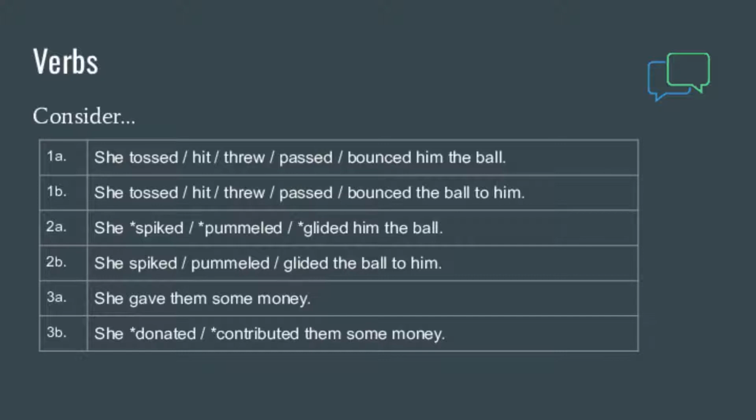You're trying not to, actually. It's more like a manner of motion verb. How did you hit it? I spiked it, I pummeled it, I glided it, whatever. And it doesn't work with the dative, with the giving kind of meaning. It might work with sort of a transfer. I spiked it into his face, playing volleyball aggressively. She gave them some money, but she contributed to them some money.